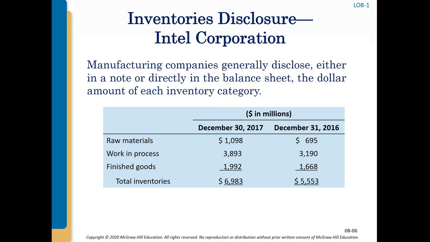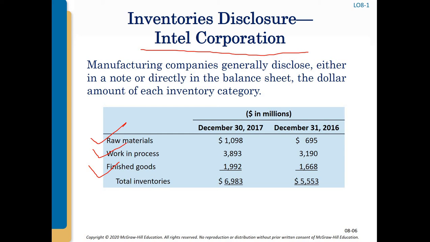This is an example of Intel Corporation's inventory disclosures. Companies generally disclose, either in a note or directly in the balance sheet, the dollar amount of each inventory category. In the case of Intel Corporation, we can see the raw materials, work in process, and finished goods.